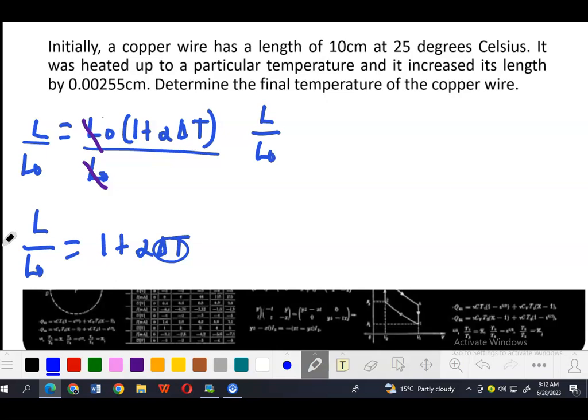When we take this positive 1 to the left-hand side, it becomes negative 1, and this is equal to alpha delta T. At this point we continue, because we still have alpha on this side, and that is not what we want. So we can divide both sides by alpha.